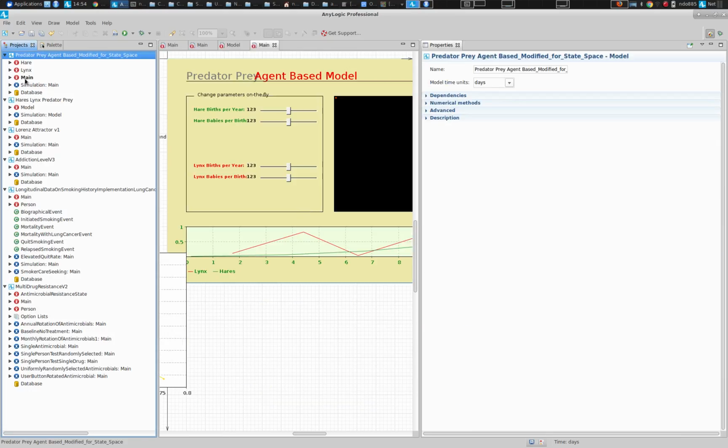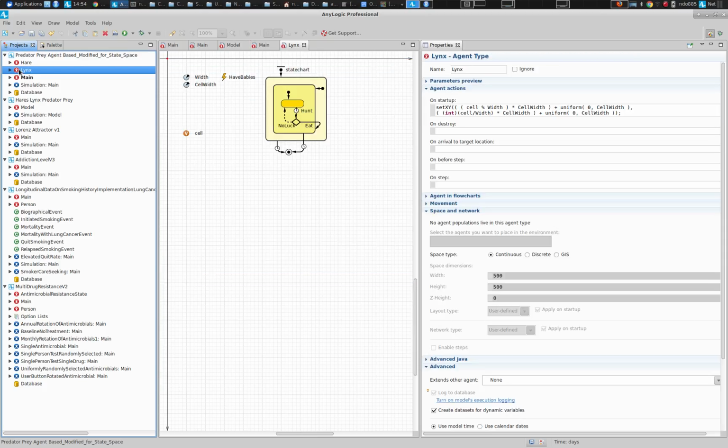And here, we are going to see a depiction of the same basic model, same basic idea, but in an agent-based way. So here we have lynx. Lynx's job in life is to hunt, and if they're successful, they will eat. If they are unlucky, they will not eat, and after a certain amount of time or after starvation conditions, they can die.